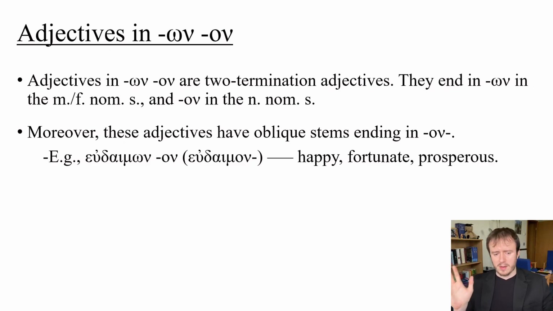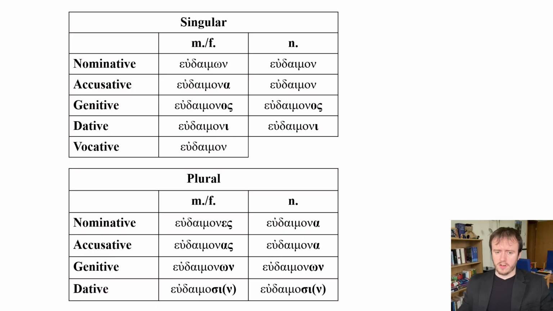Let's illustrate what I mean here by taking a look at how εὐδαίμων declines. Here is the declension of εὐδαίμων. We can see that it's two termination in that it has just one set of forms for agreeing with masculine/feminine nouns and one set of forms for agreeing with neuter nouns.